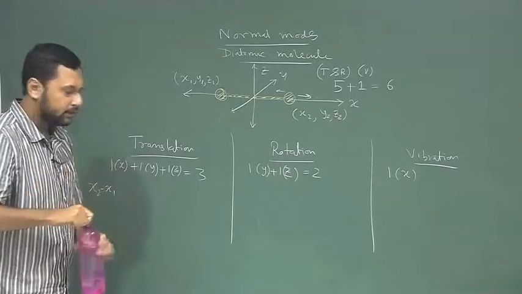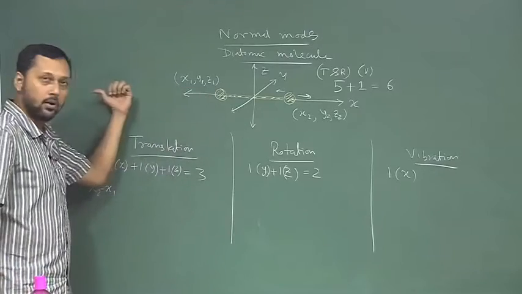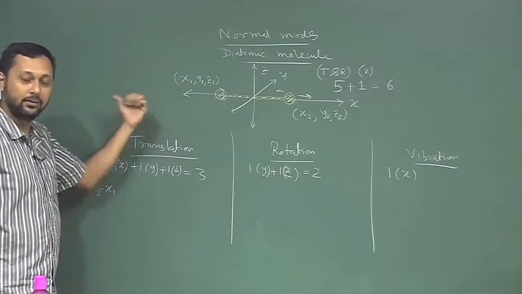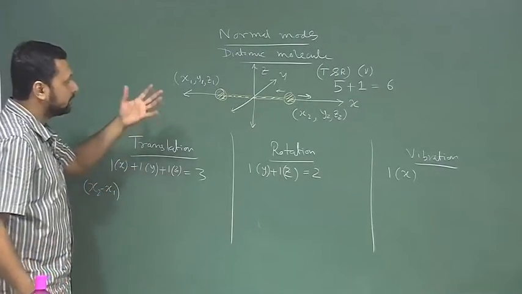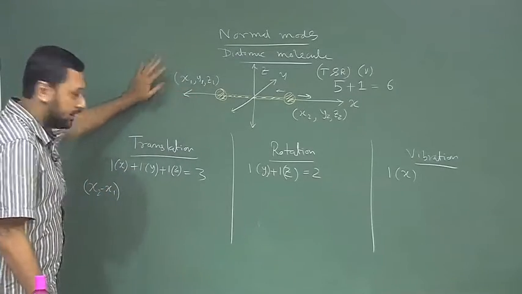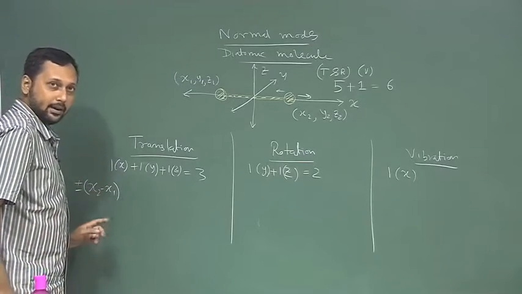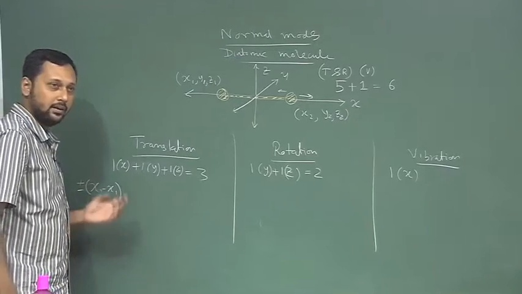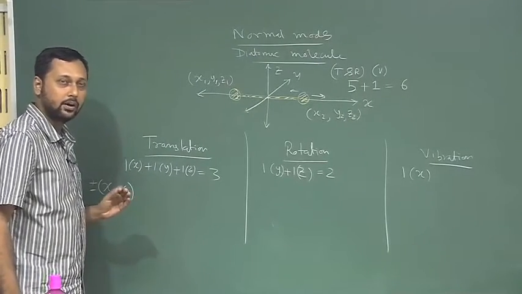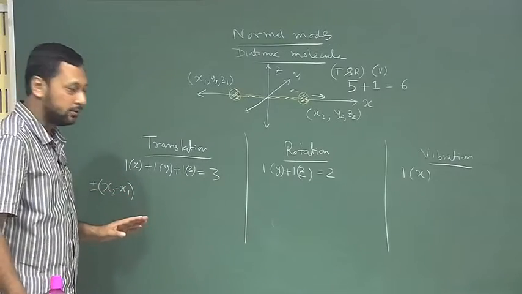Similarly, the combination x1 minus x2 will give a translation along negative x axis. Now forget about this positive negative business, we can put a plus minus sign here to take care of that, and I can tell you that plus minus (x2 minus x1) will be taking care of any translation happening along x axis.